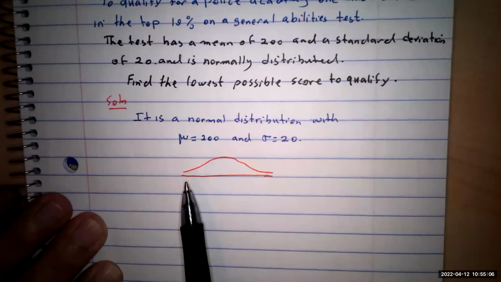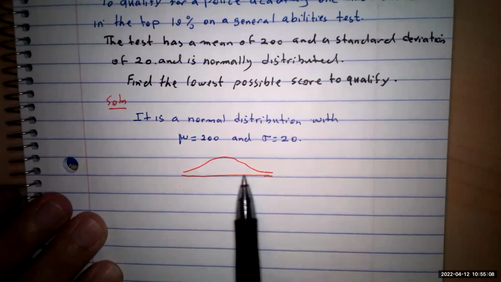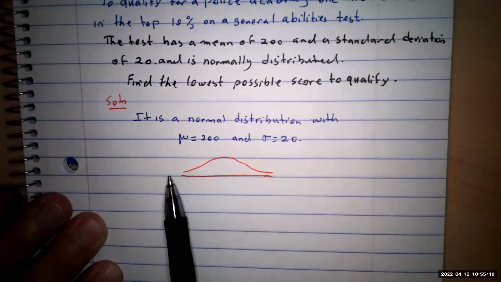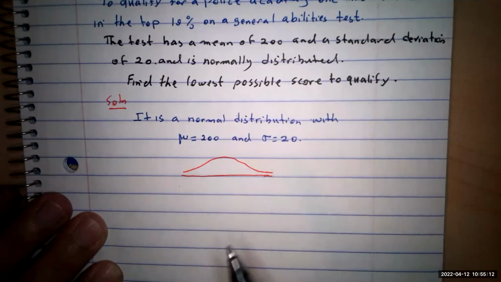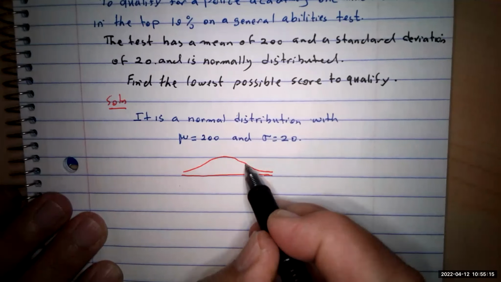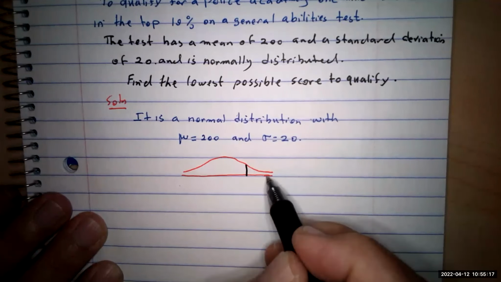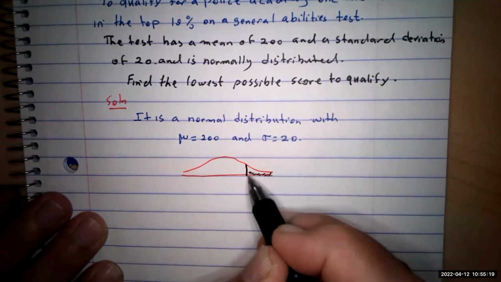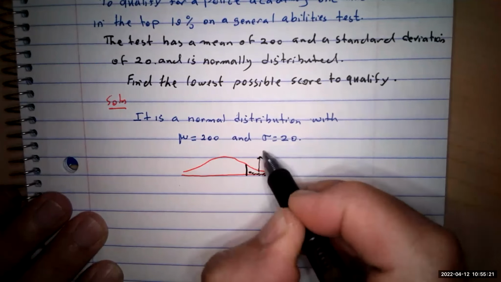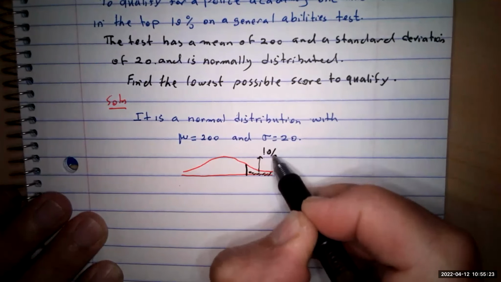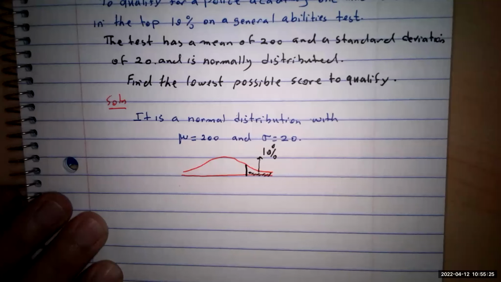So if you consider this area to be the top 10%, then this area is 10%. If you are in this top 10%, you are the winner. You are going to be accepted.